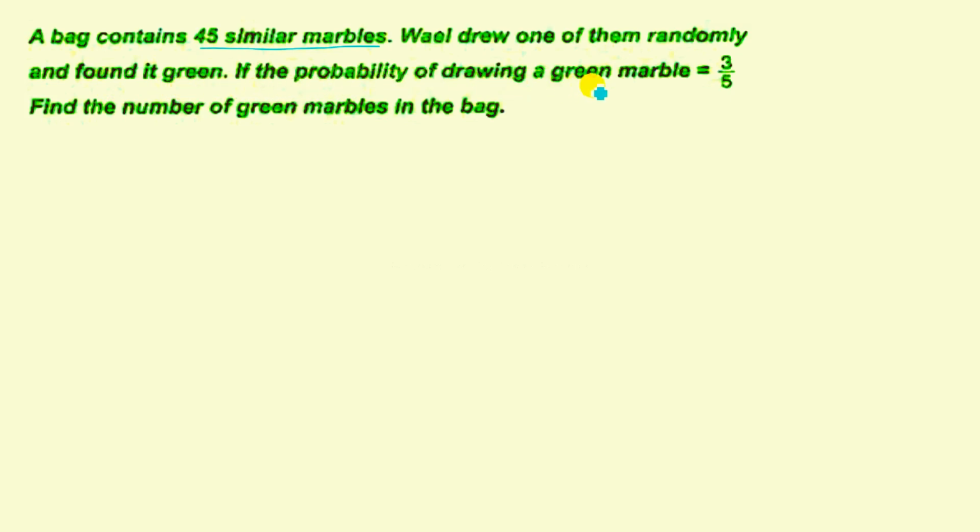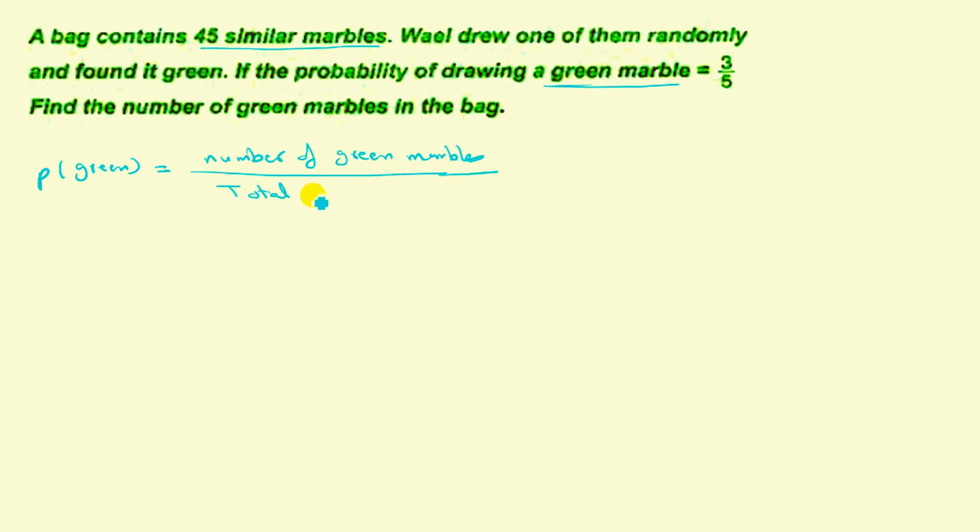If the probability of drawing a green marble is 3 over 5, find the number of green marbles. Note that the probability of getting a green marble is written above as the number of green marbles over the total number of marbles, which is the sample space. Here we are given the probability, 3 over 5.